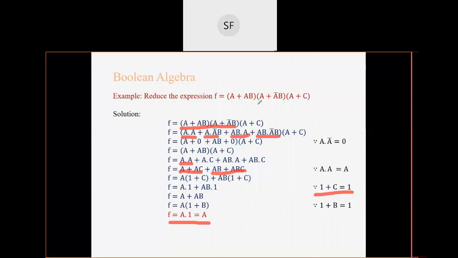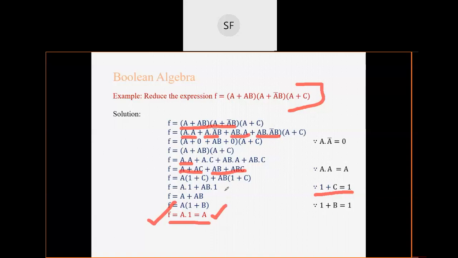So now you can observe that we had a complex expression in the problem, but at the output we have found the simplified expression for the function, and it is equal to a. What it means is that the function output is not dependent at all on the values of b and c. The function value is only dependent on the value of a, right?